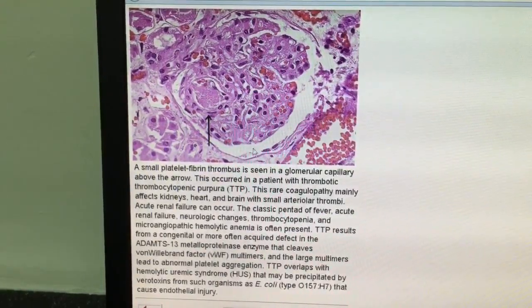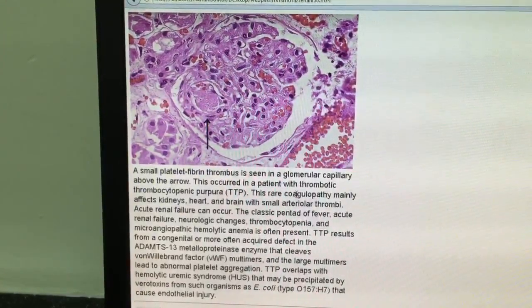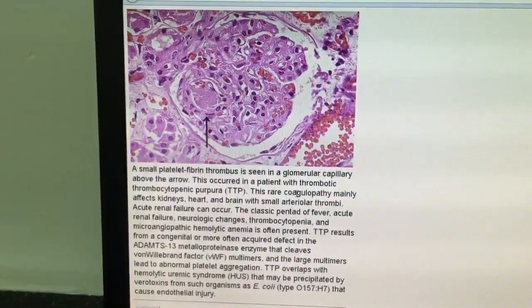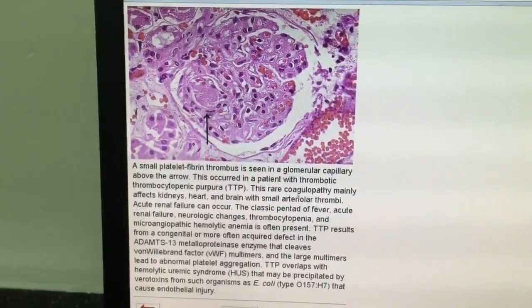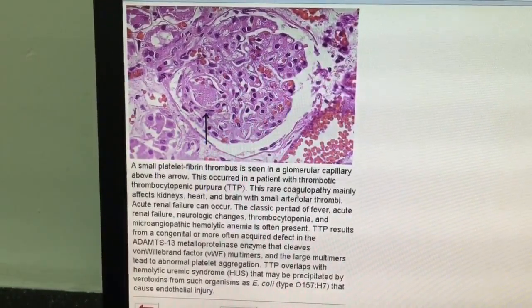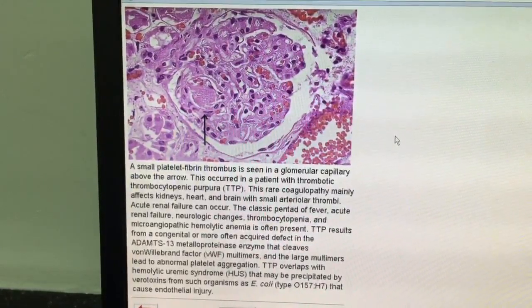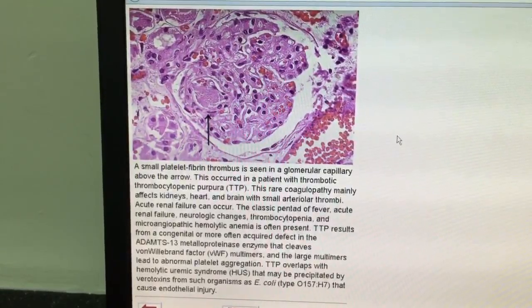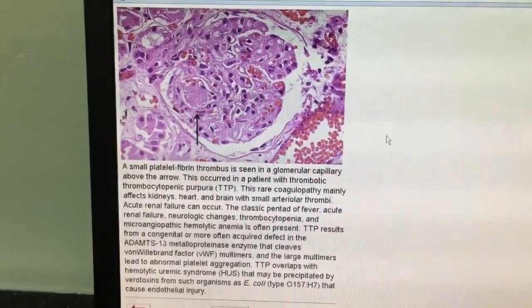It occurs due to a defect in the metalloproteinase enzyme, which leads to abnormal cleavage of von Willebrand factor and therefore abnormal aggregation of platelets with formation of fibrin thrombi within the renal glomerular lumina. This microscopic picture might be shared between thrombotic thrombocytopenic purpura and hemolytic uremic syndrome.